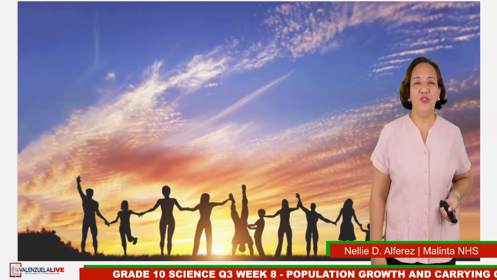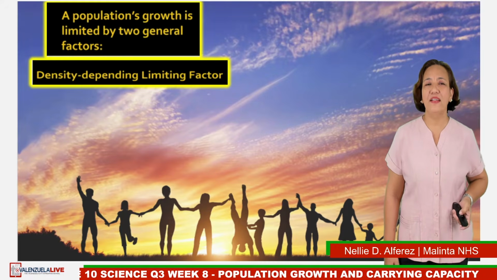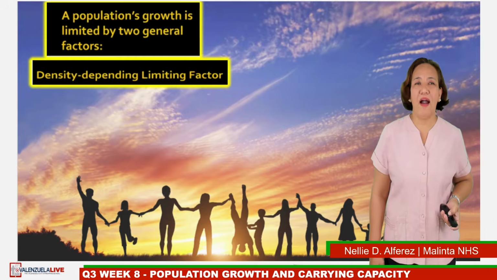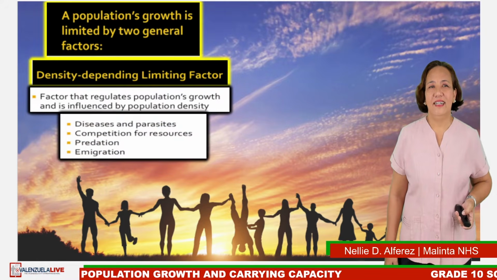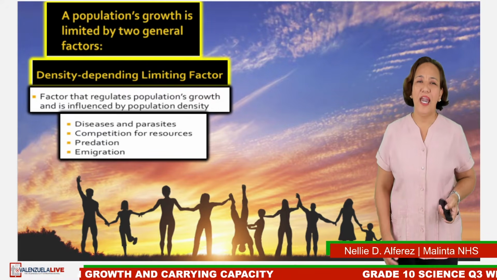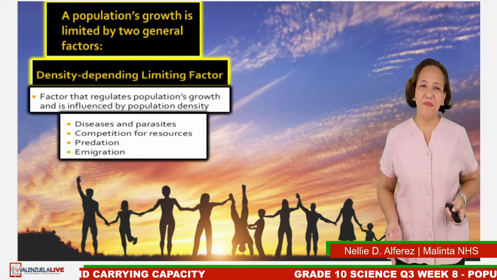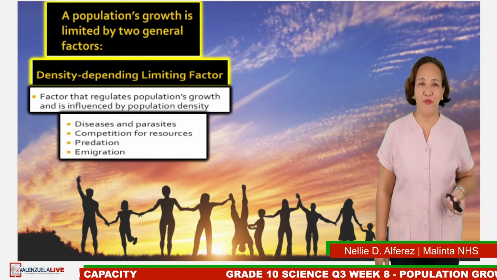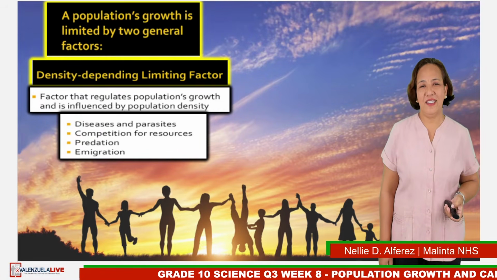Population growth is limited by two general factors. First, the density-dependent limiting factors, which regulate population growth and are influenced by the population density. Examples are diseases and parasites, competition for resources, predation, and immigration.